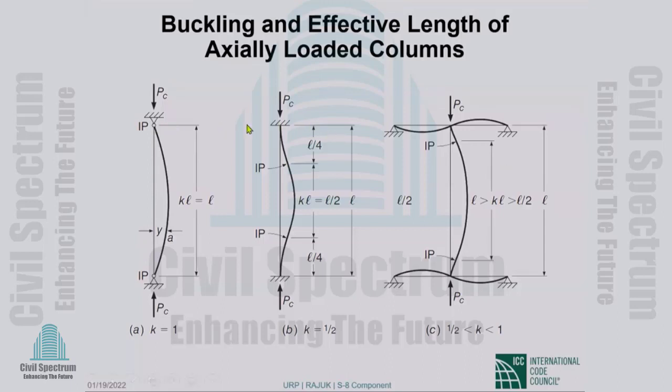Now, in both cases, translation is not possible. Okay, only rotation is possible in the first case. In the second case, rotation is also not possible. The translation not possible means there is no side sway.